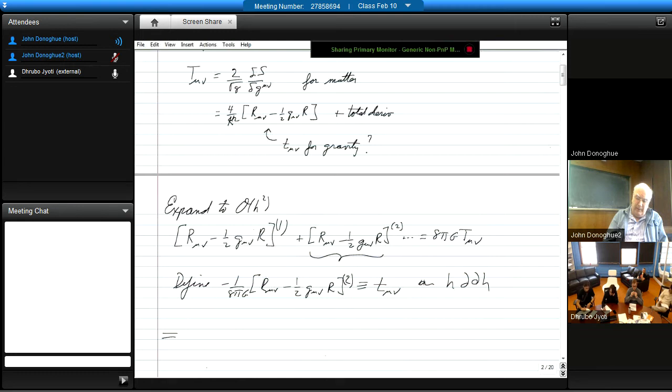Then since we know what that first piece is, in harmonic gauge, we have box h bar mu nu equals 8 pi G T mu nu plus little t mu nu.